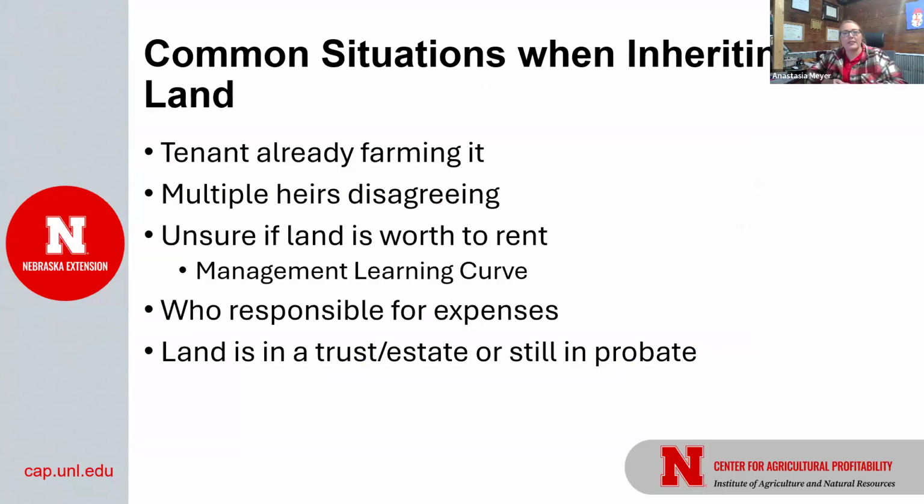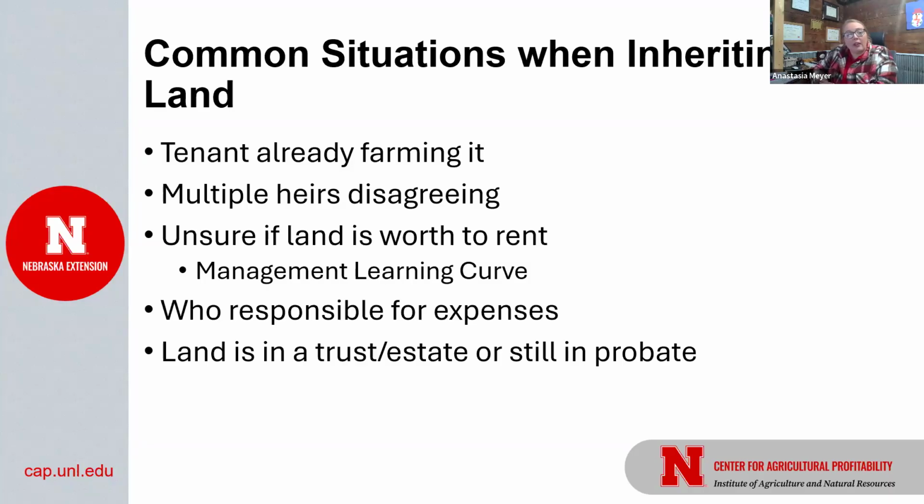Some common situations we see when people inherit land is that you are inheriting land that was owned by a loved one, or you already have a tenant that is farming it. If you have a tenant that you inherited, the first question you need to ask is: is there a lease? Is there a written lease?